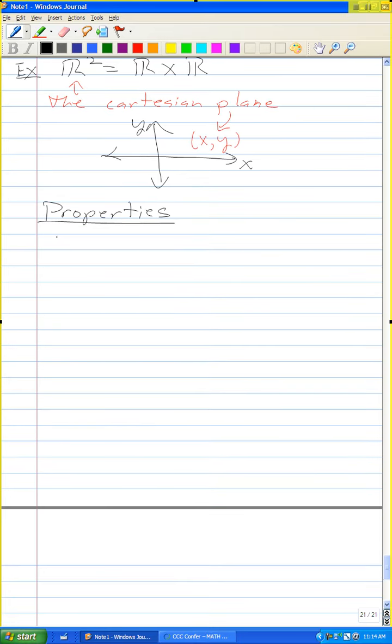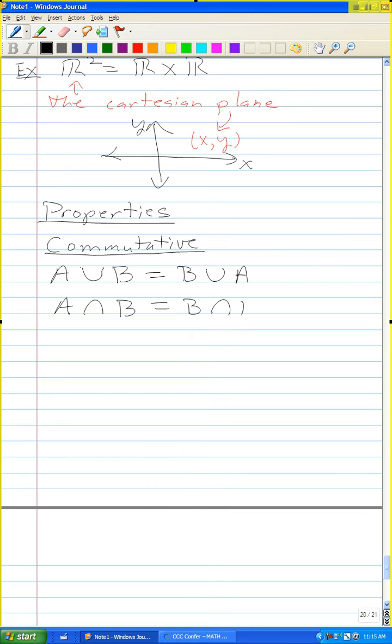The commutative properties. Again, suppose A and B are sets, then A union B is the same as B union A. Similarly, A intersect B is the same as B intersect A. The associative properties.